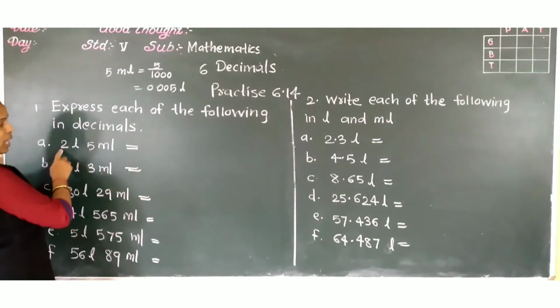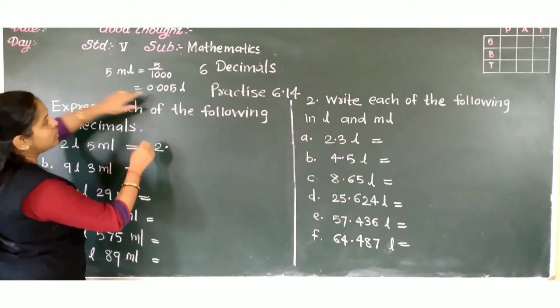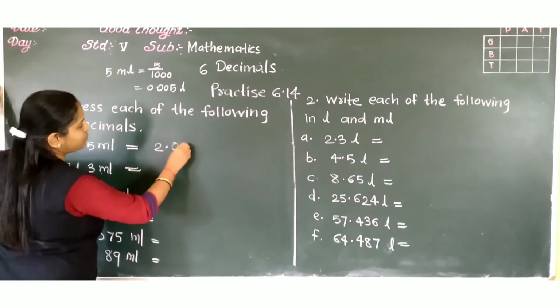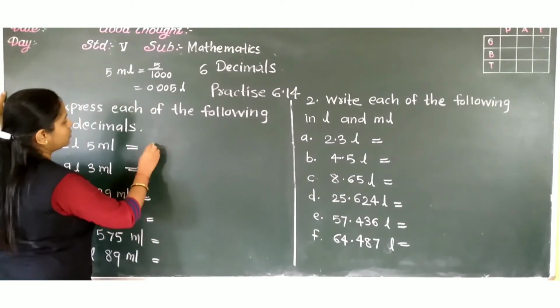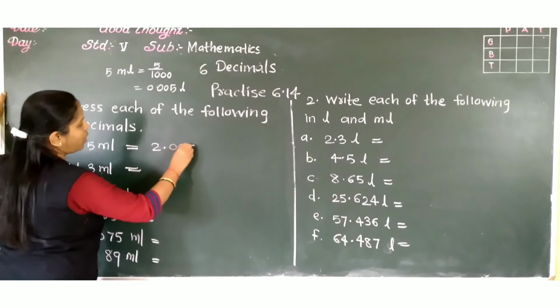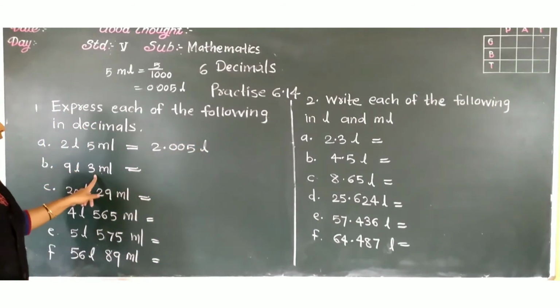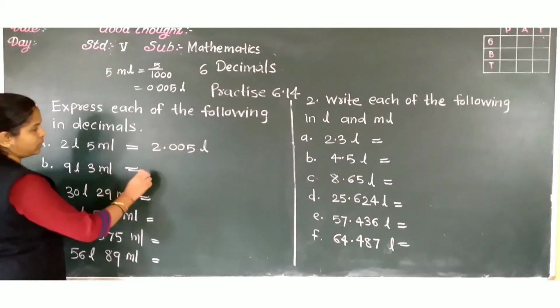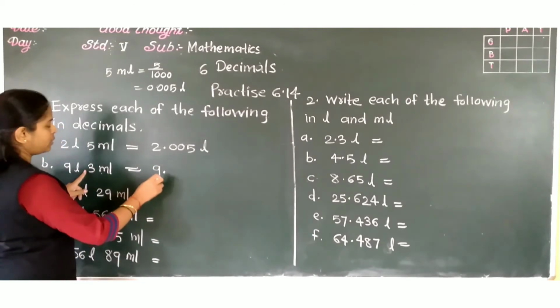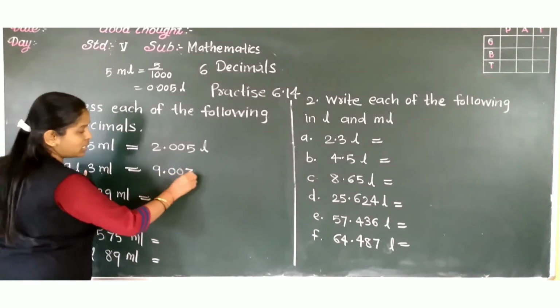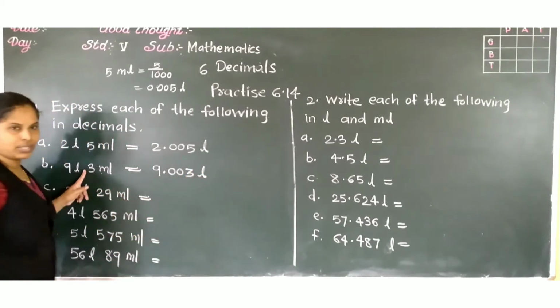Correct? So how to write this? 2.005 liters. Now 9 liter 3 milliliter. This also, 9 point only 3 we want to show, that is 9.003 liters.